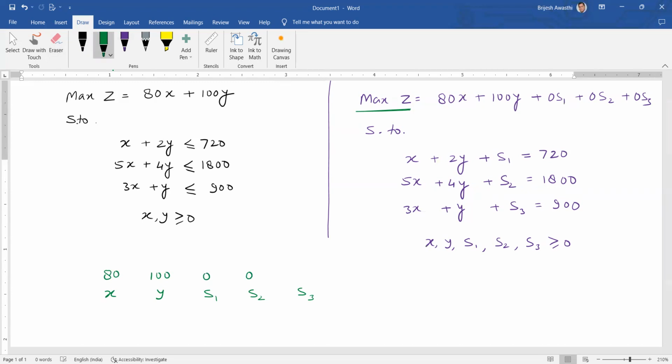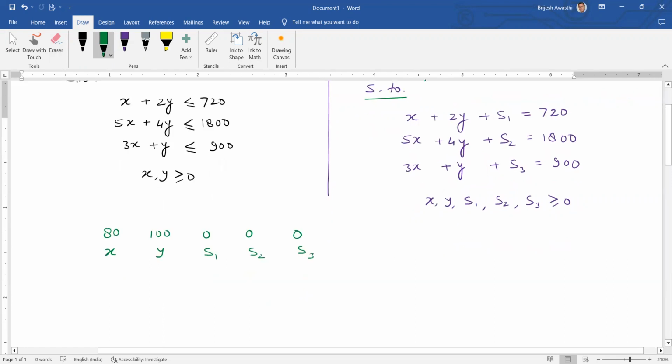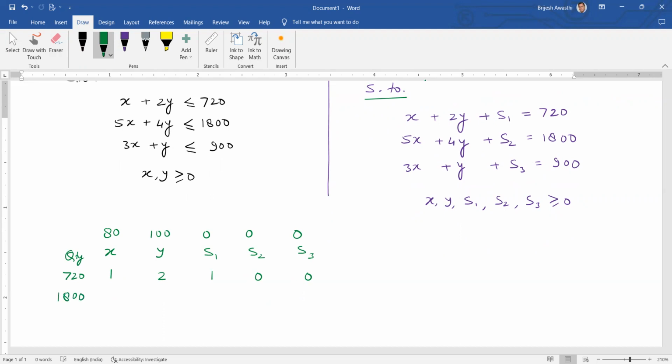And if I'm talking about the constraint part, the coefficients are 1, 2, 1, 0, 0, and the quantity is 720. Then 1800, with 5, 4, 0, 1, 0.